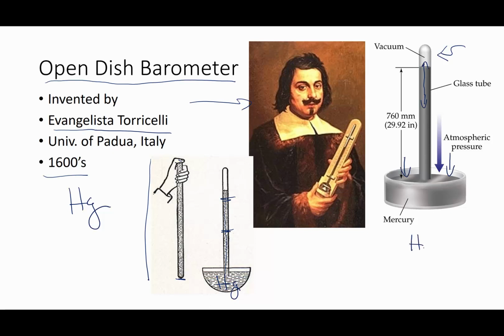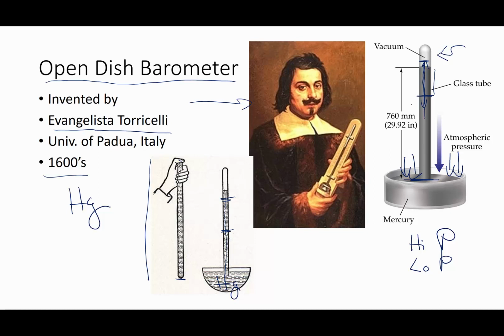When we were experiencing high atmospheric pressure, there would be high pressure on the mercury fluid, and the column of mercury would rise. When there was a low atmospheric pressure, there would be less pressure on the entire dish, and the column of mercury would fall.